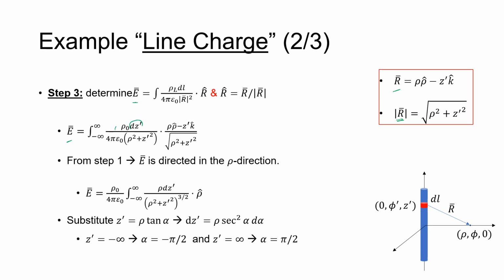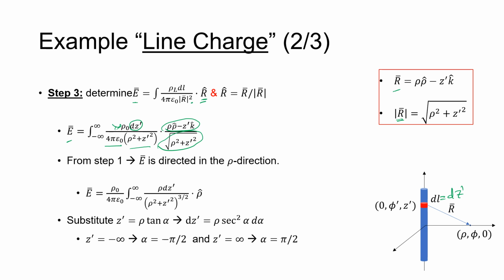Our element is lying in the z-axis, so dL will be dz dash in this case, and rho naught is the constant distributed charge value, and this is simply our R divided by the R magnitude, which brings our unit vector. We substitute the magnitude of R, and we have a square here, so it cancels with the square root.